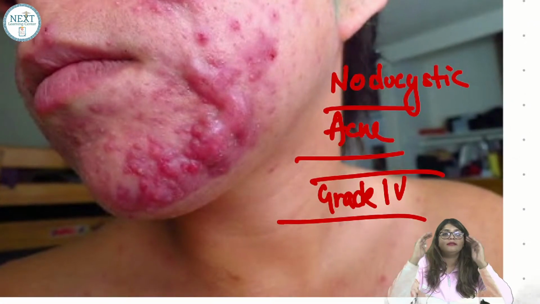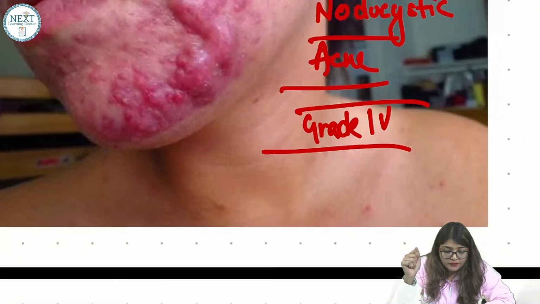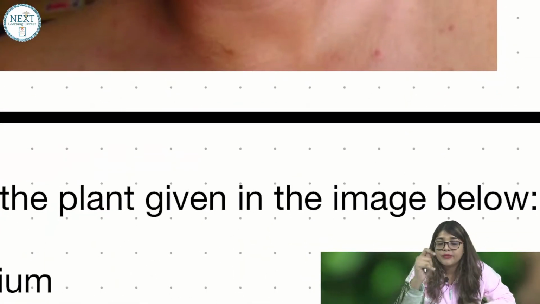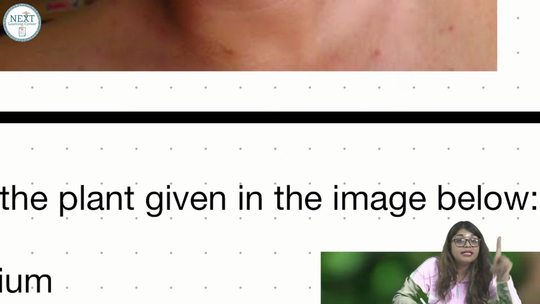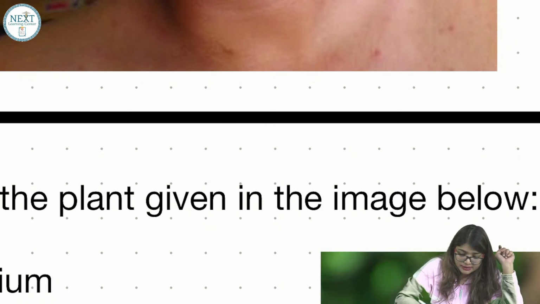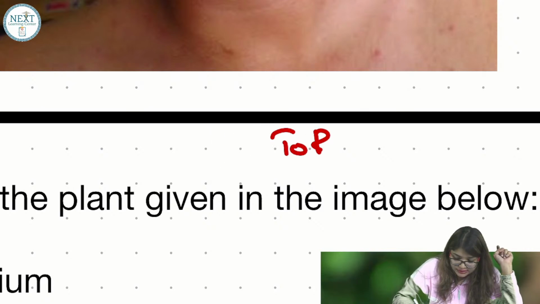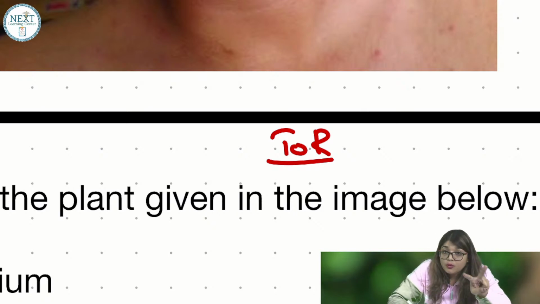So did you get it? Now say with me, what kind of lesions are seen in grade 1 acne? Comedones. They are the most common lesions seen. What is the treatment? It is, I'm sorry, topical retinoids. What is the treatment for grade 2 acne?